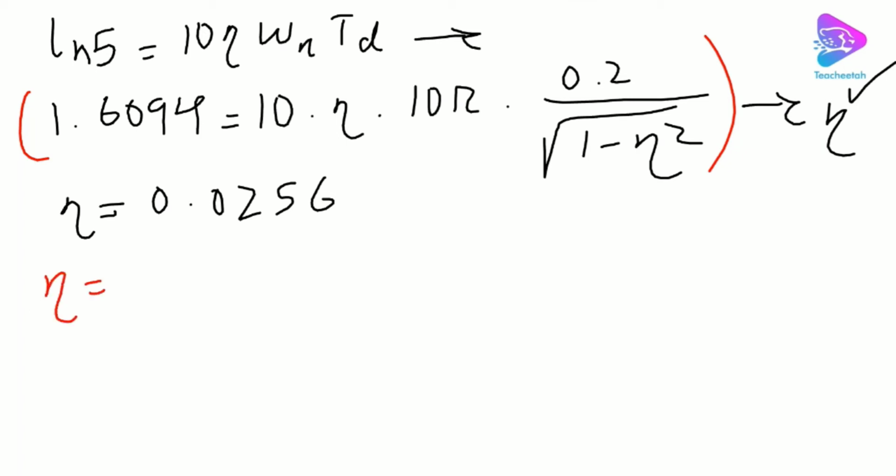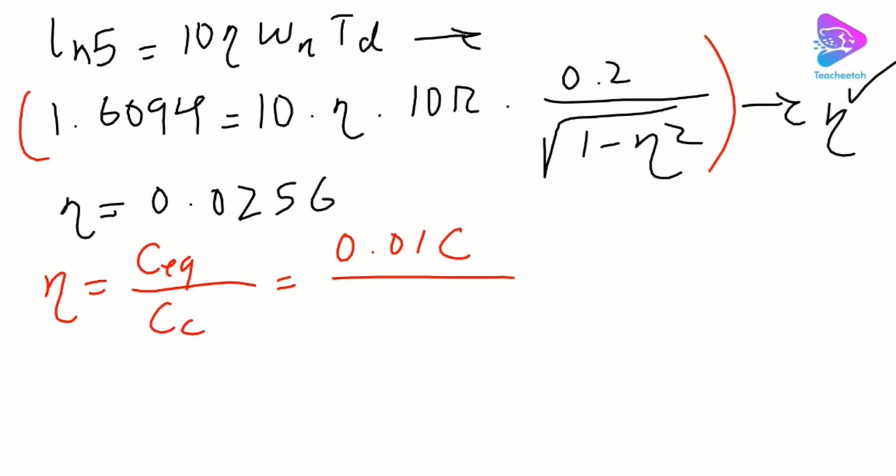Zeta is equal to C equivalent for this system divided by C critical, which is equal to 0.01 C, the main unknown variable that we are looking for, divided by 2 m omega n. As we look at this, we have everything here.